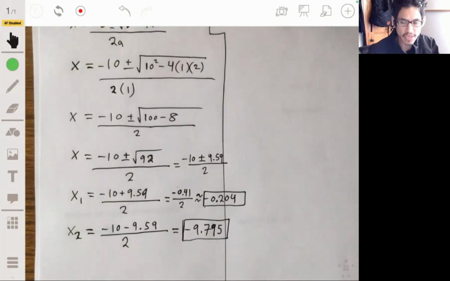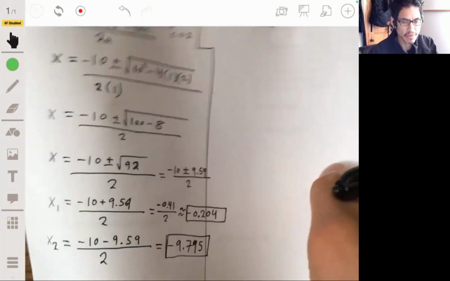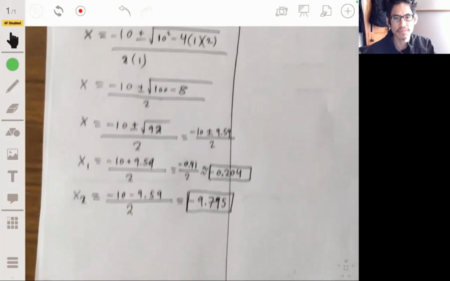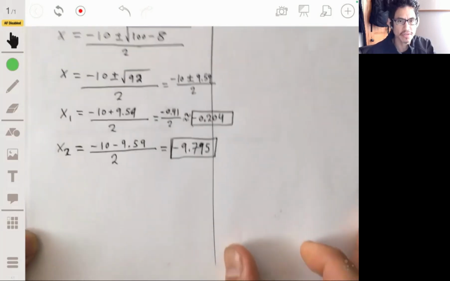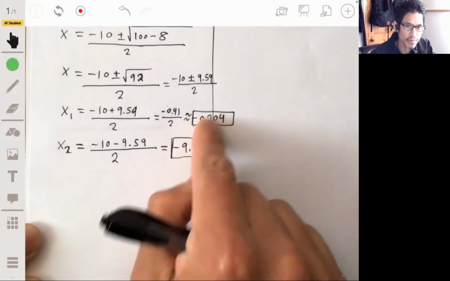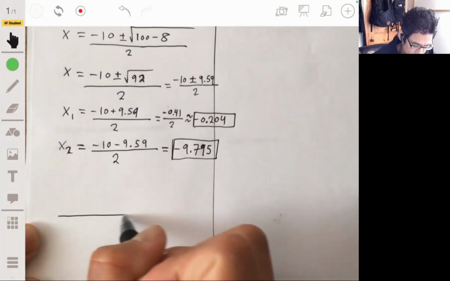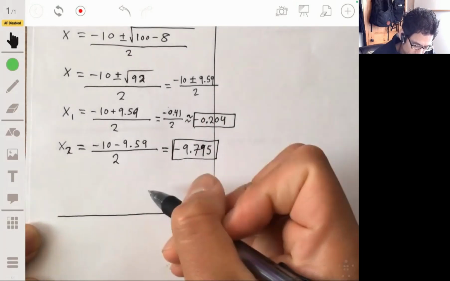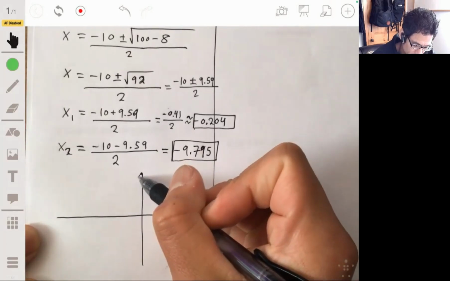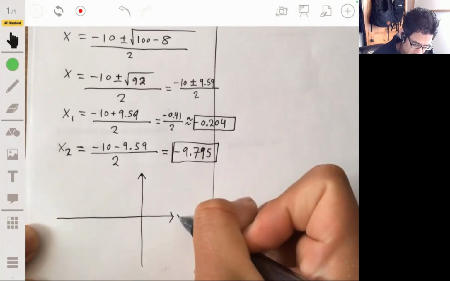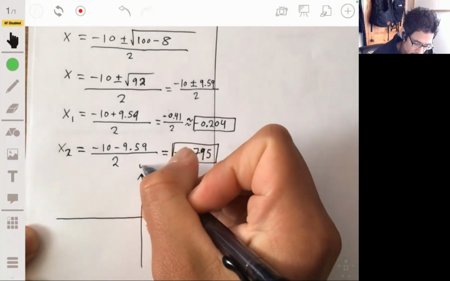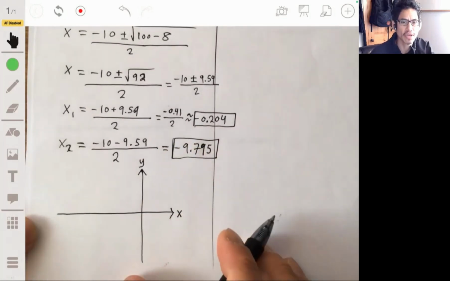Now, when it says make a sketch, let's make sure we understand what that means. It means for you to draw the parabola going through the x-axis at these two coordinates. Again, it doesn't have to be like a Picasso drawing, just reasonable enough so that you demonstrate that you know what you're talking about.